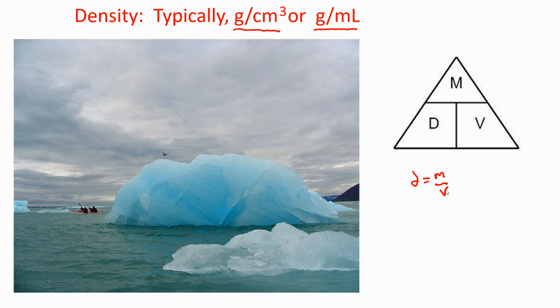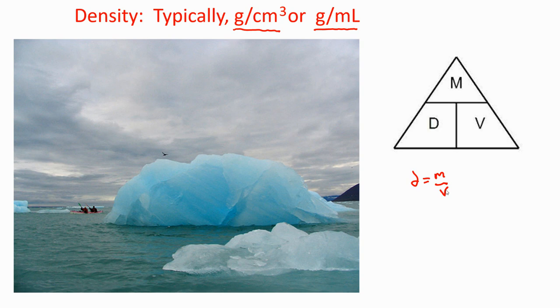Less dense substances tend to float on top of more dense substances. So, in the case of water, the solid version is less dense than the liquid. We know why that is. We saw a molecular level view of water that explained this.